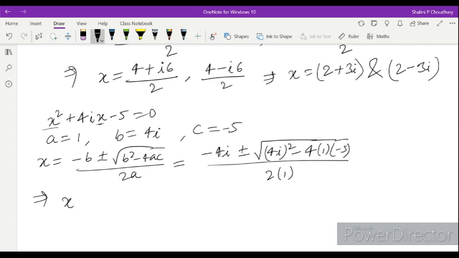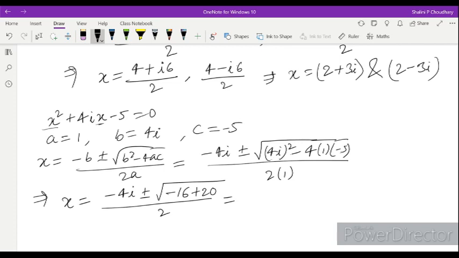So x will be equal to minus 4i plus minus square root of 4i square, which will be minus 16. i square will be minus 1 and 4 square will be 16, so it will be minus 16, and minus minus plus. So 4 into 5 will be 20 and minus minus will be plus, so plus 20 divided by 2.